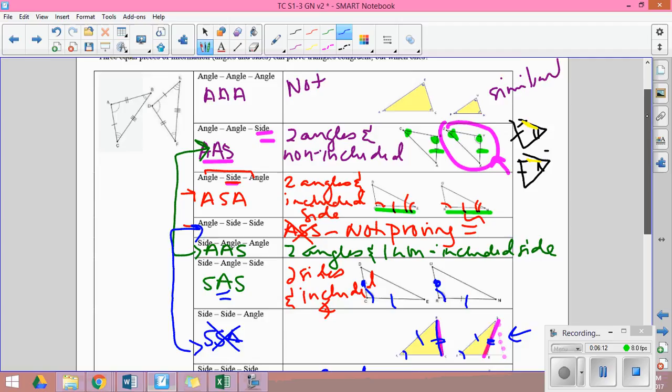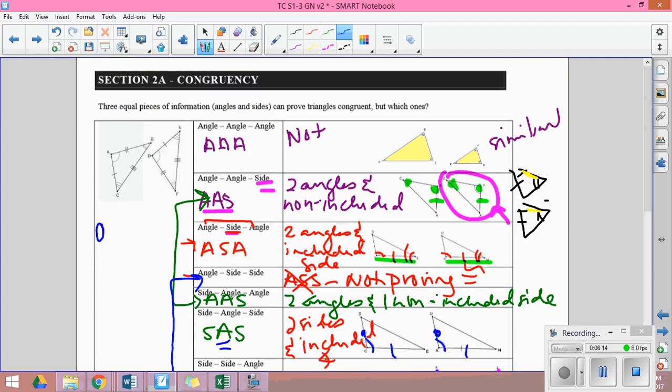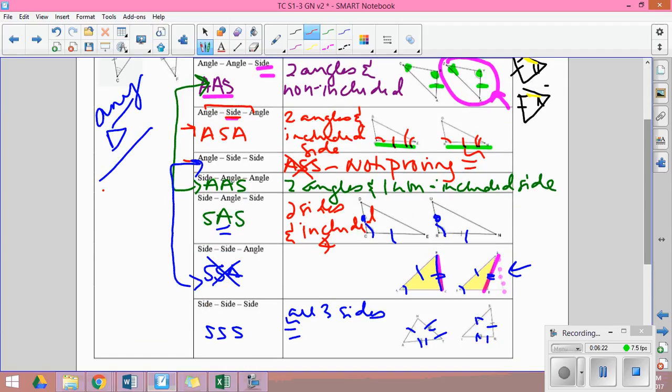These theorems work for any triangle. In summary, the ways we have that work are side, angle, side; side, side, side; angle, side, angle; and angle, angle, side.